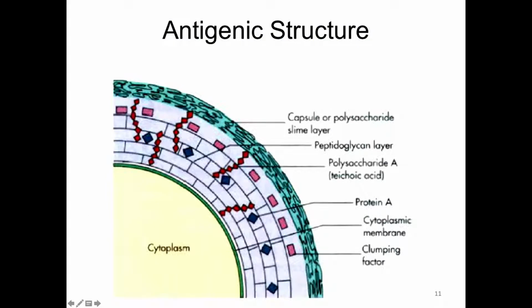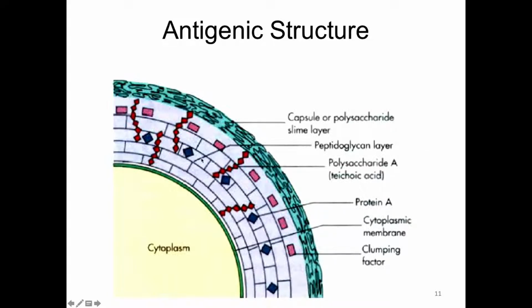Here is the antigenic structure of Staphylococcus. As we already mentioned, capsule is very rarely formed, but it can be formed by some species. Or instead of capsule, a polysaccharide slime layer may be formed as well.